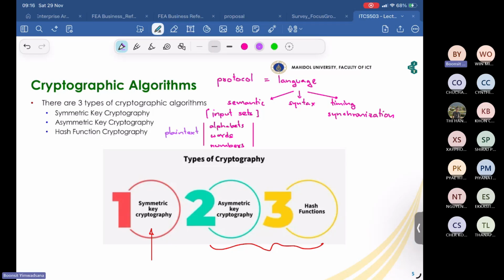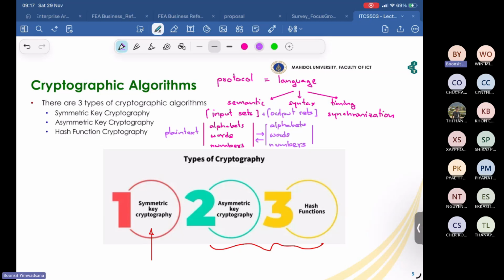And then there is a set of output, which can be anything, just like this. Could be alphabets, can be words, can be numbers. Input must become output, and output can also be decrypted to be the input.